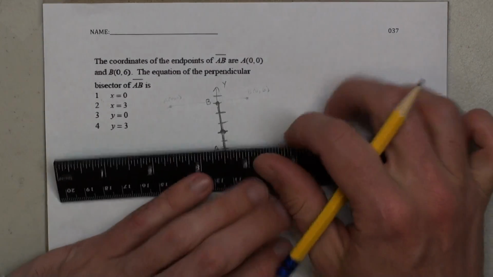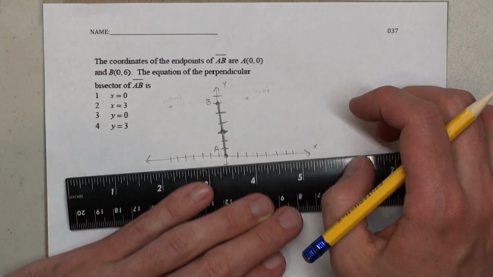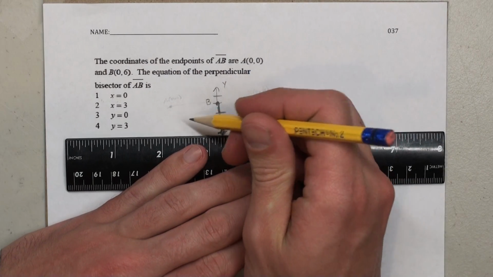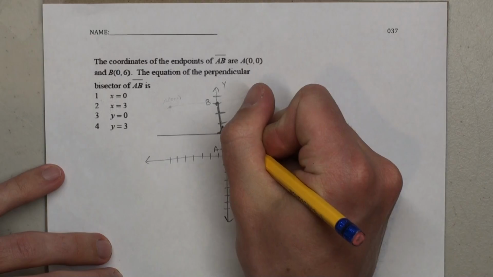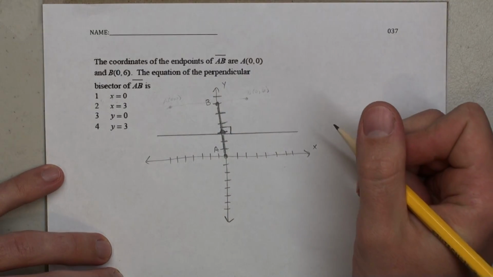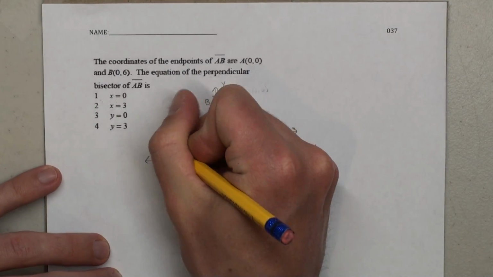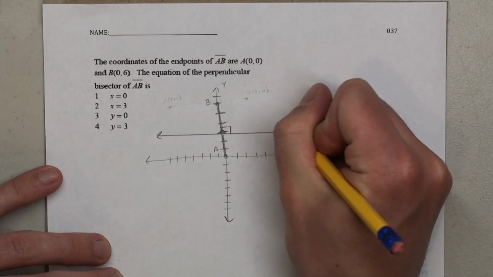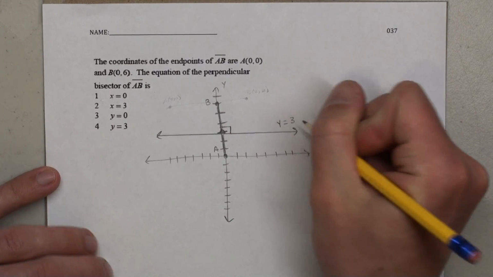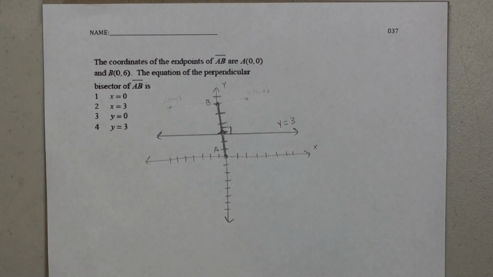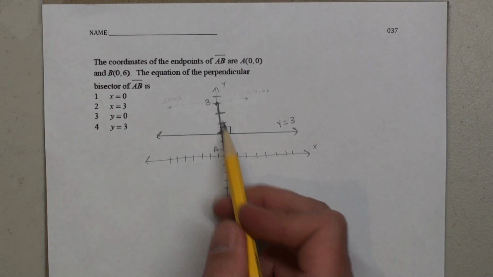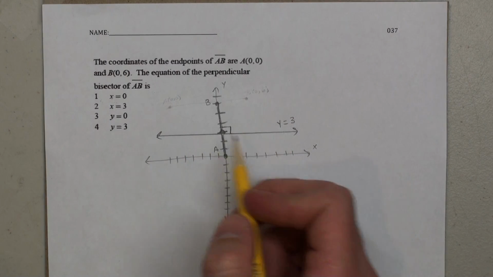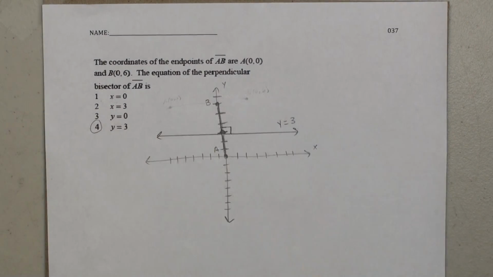Now, if it's got to be perpendicular, it's got to be exactly left to right, because this has to be perpendicular. This line is the equation of the line y equals 3. It's a horizontal line that goes through 3 on the y-axis. That's the perpendicular bisector of that segment. So that was choice 4.